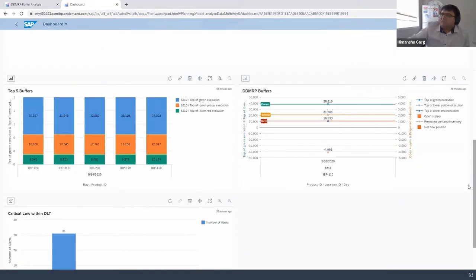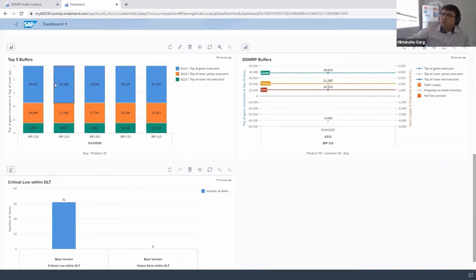Then we can also see the top 5 buffers in this dashboard. It is just selecting the top 5 products which have the highest buffer quantities, right, for any location. Here we can see the DDR calculated buffers for this product at this location.